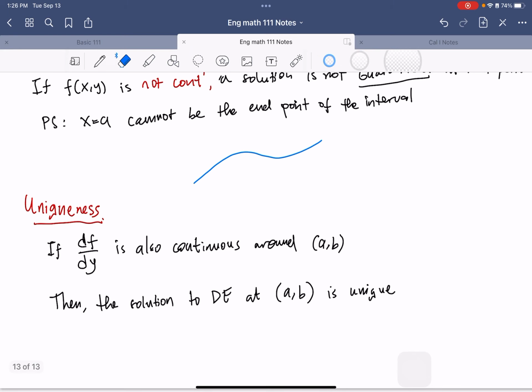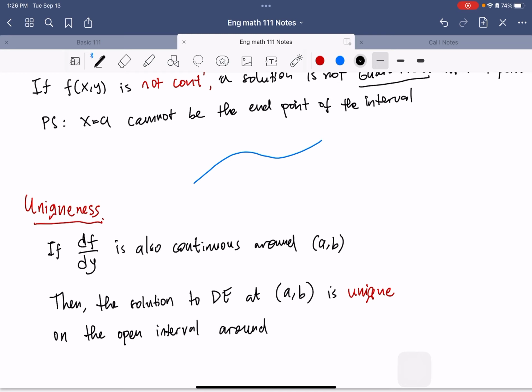Let me write it in red to make it stand out: it is unique on an open interval around the initial condition, around x equal a, which means it's actually the point (a, b).